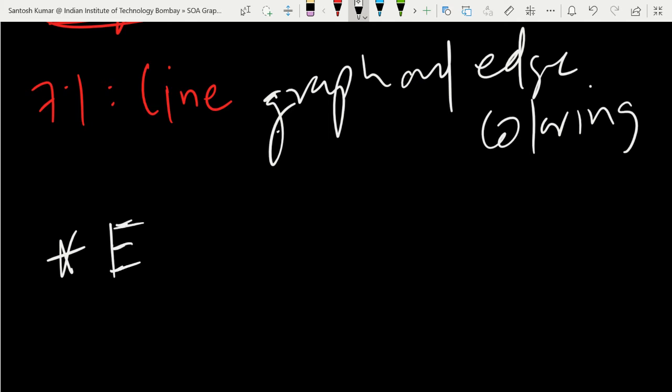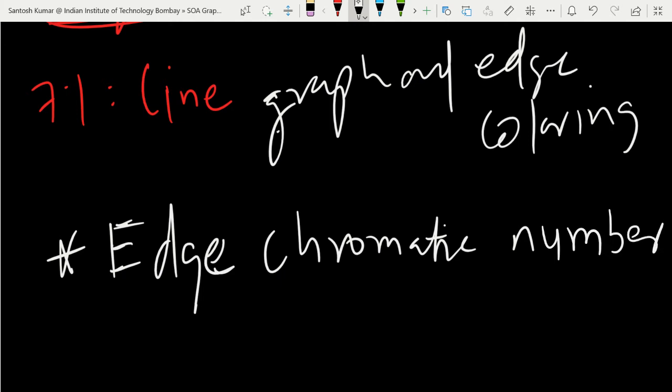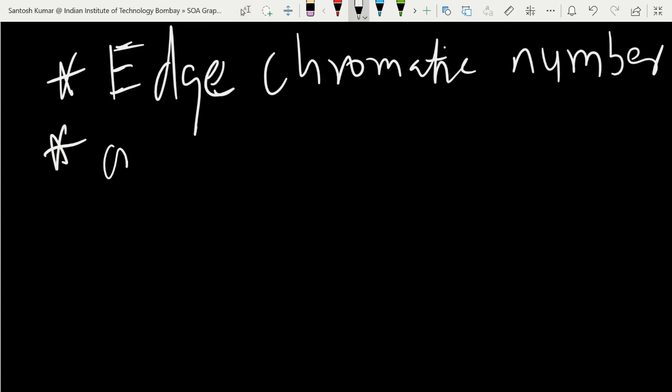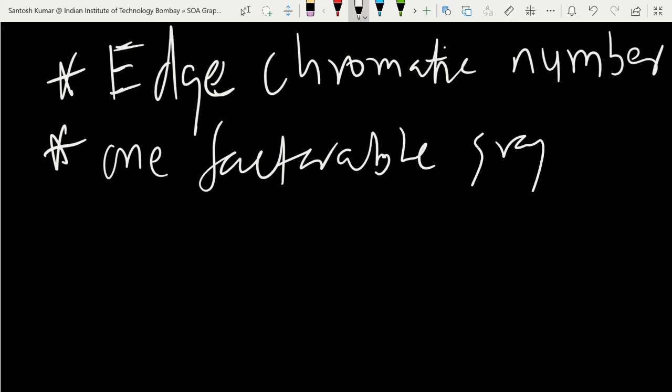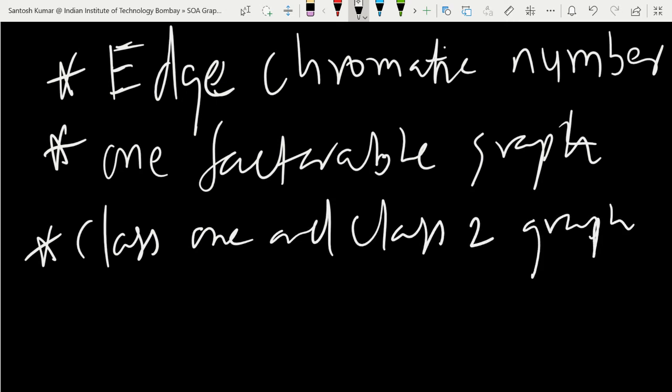You already know the chromatic number of a graph and the chromatic polynomial, so here we'll discuss edge chromatic number. Second, we'll discuss one-factorable graphs. And then we have class 1 and class 2 graphs.